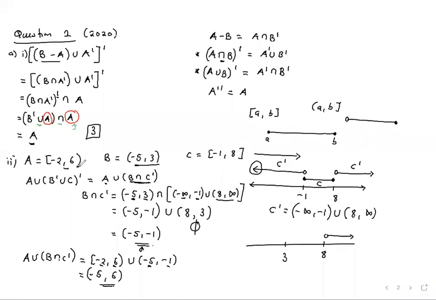And then it started from 8, not including 8, to positive infinity. Which number line was that? For the B intersection C complement or for the final solution? For the final solution. The final solution is just here: -5 to 6.